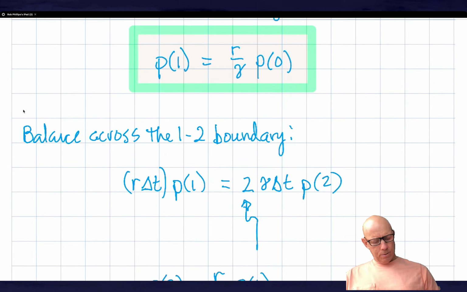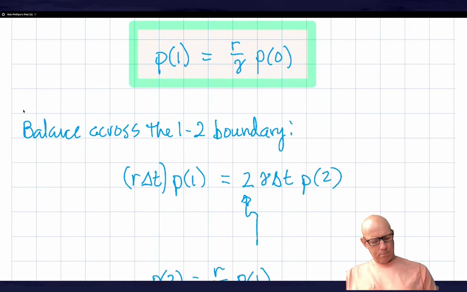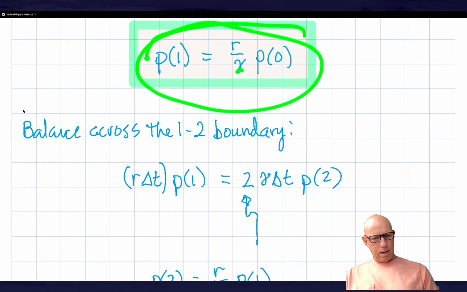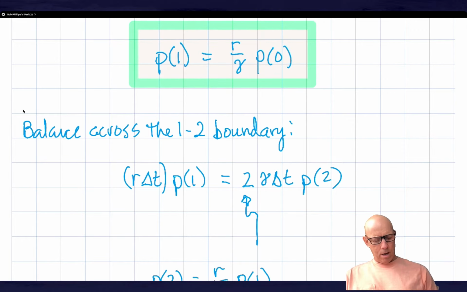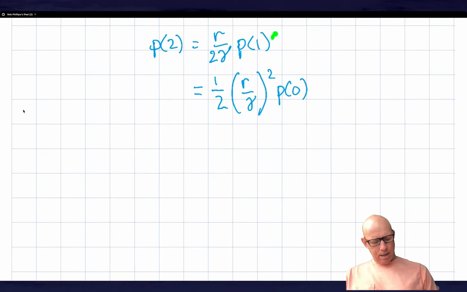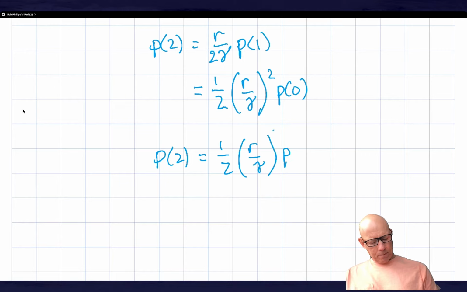To do that, I used this result up here, this one. I took this result for P1, and I plugged it in right here, and that leads me to this new result. And so I now can say that P2 is 1/2 R over gamma, that's squared times P0.